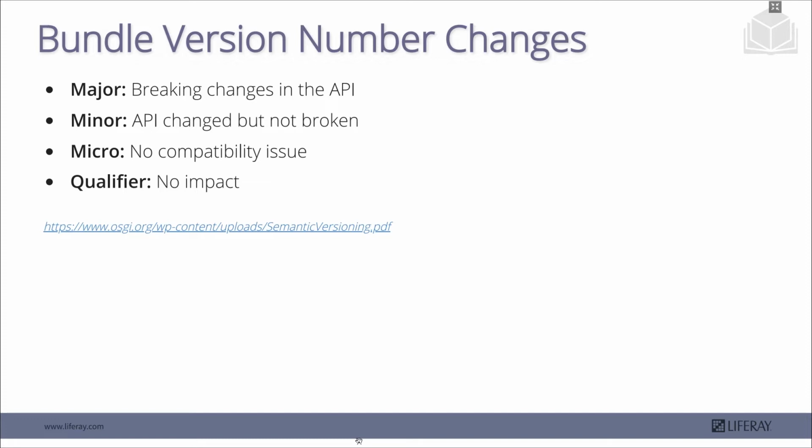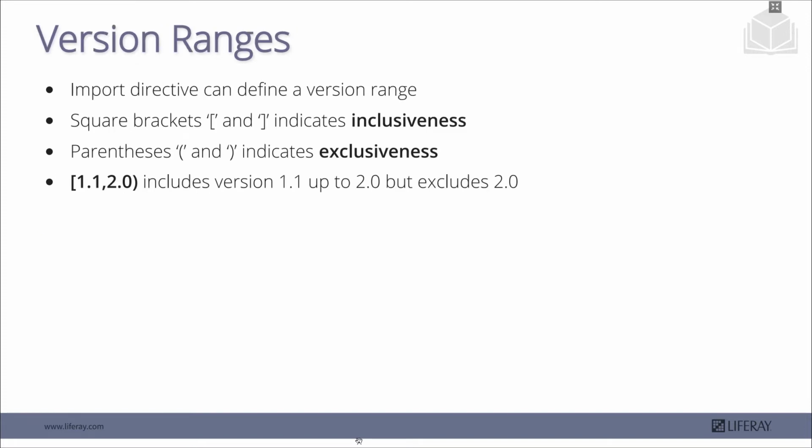For more details, there is that link for semantic versioning and all of the fun stuff it has to offer. We bring up semantic versioning because we have the ability to control what versions of bundles we may use. The two primary ways are square brackets to show that this is inclusive, and parentheses to show that this is exclusive.